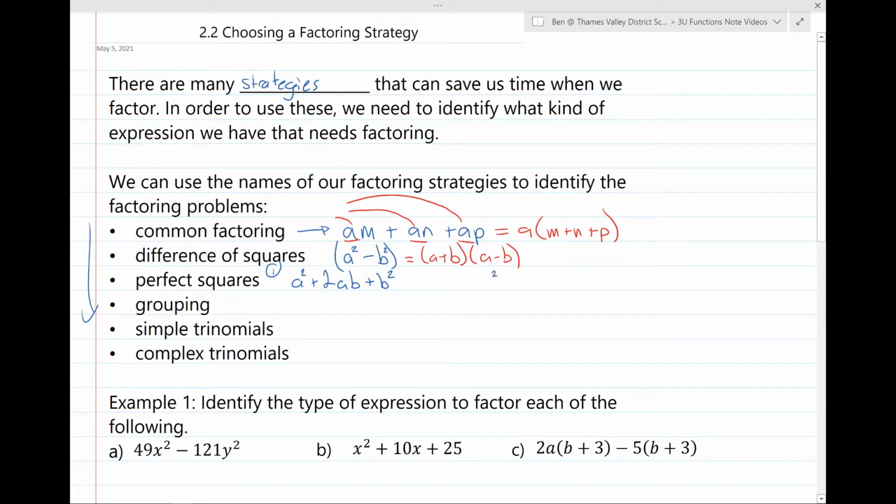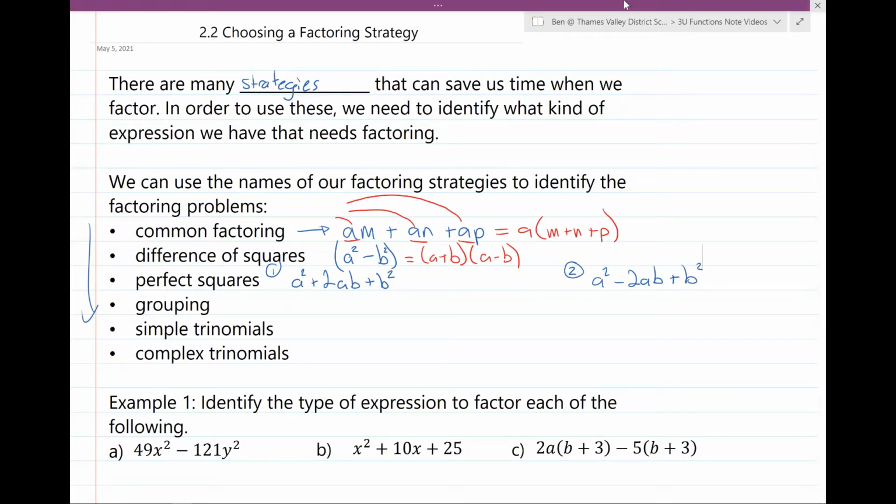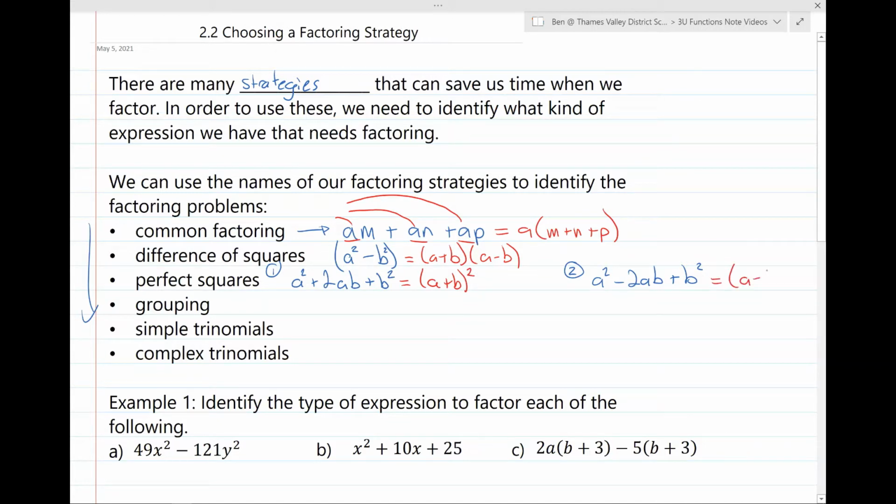Or if we have a negative term involved, then it looks like a squared minus 2ab plus b squared. We notice the first and third terms in each are positive. It's just the middle term that changes. So the first one would factor into (a plus b) squared, and the second one would factor into (a minus b) squared.